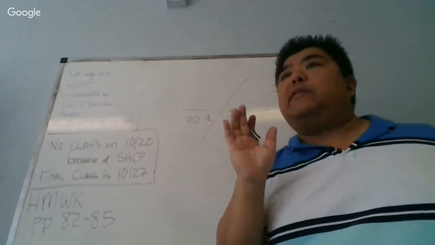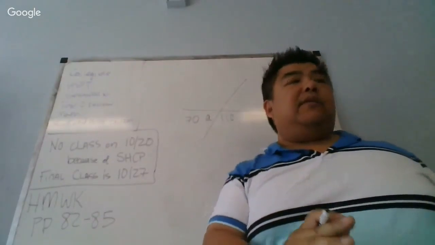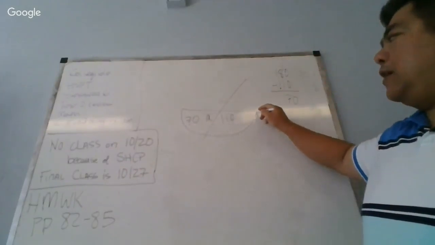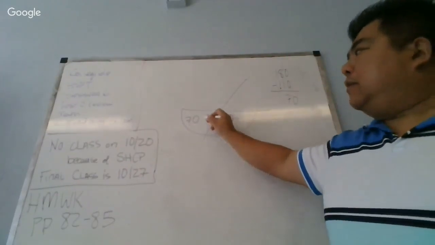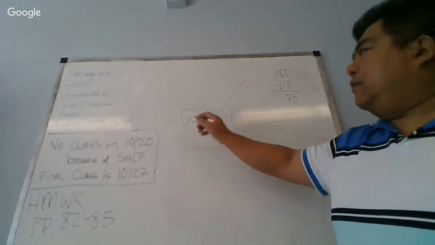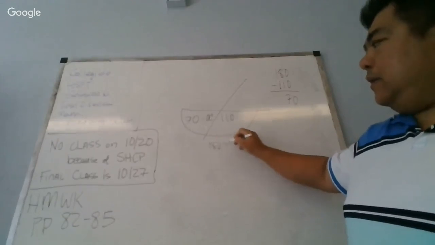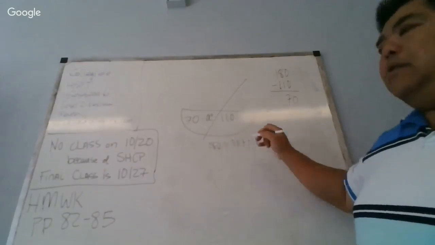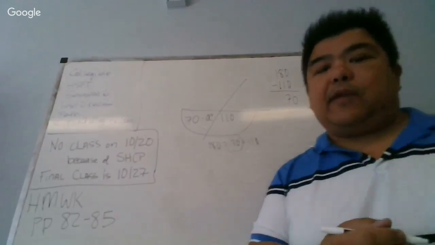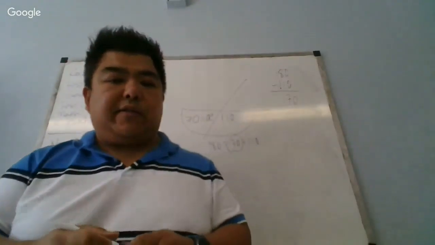Remember how we talked about supplementary angles? Supplementary angles add up to 180, kind of like a protractor, right? A protractor is 180, so if this is a protractor, 180, it's equal to 70 plus 110, right? So angle A is 70.